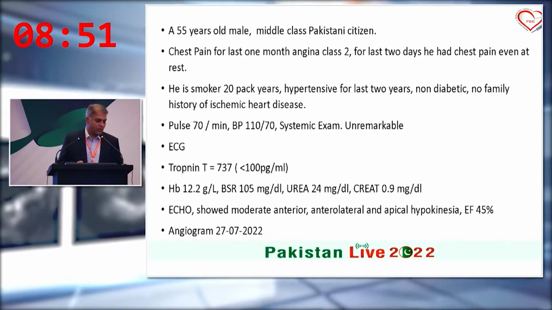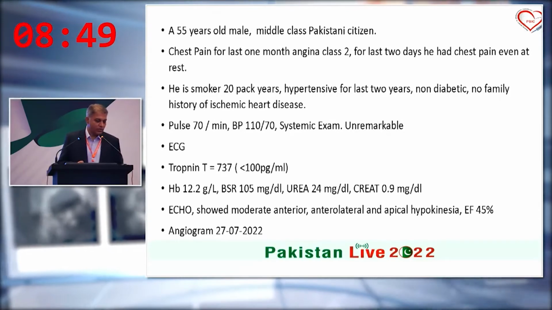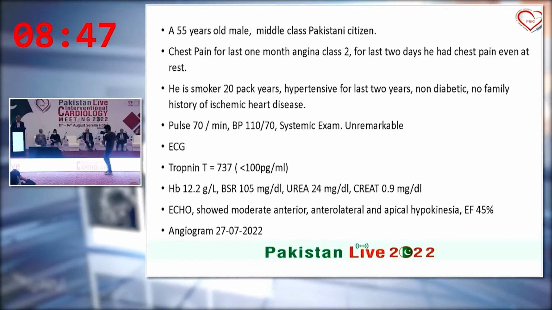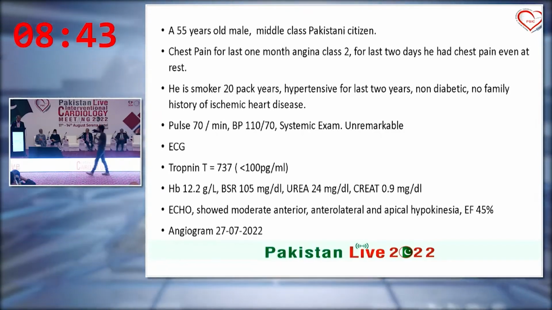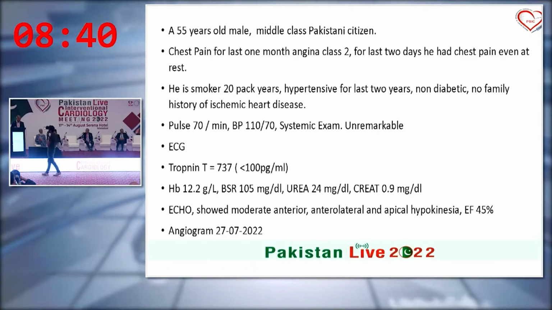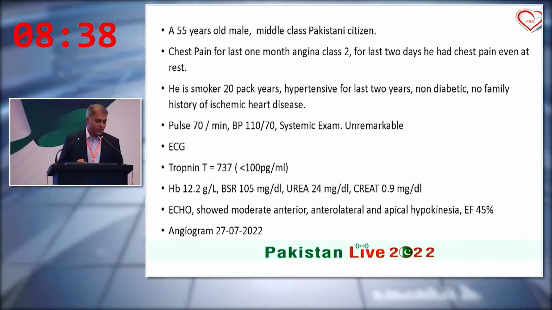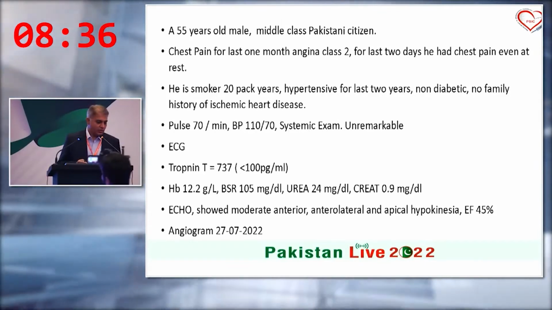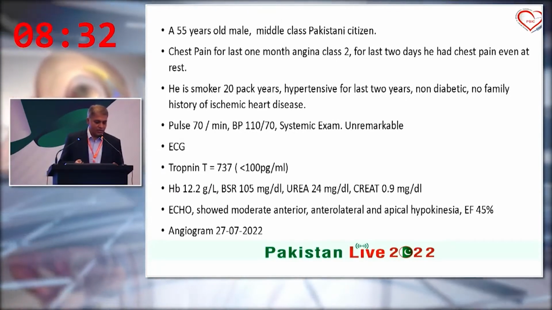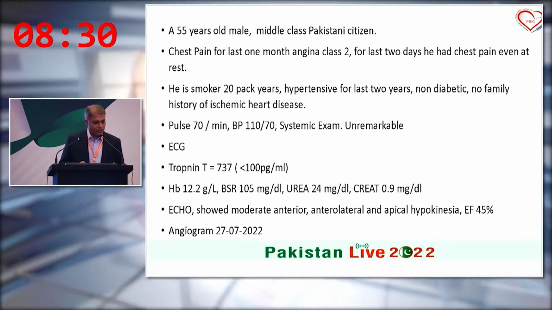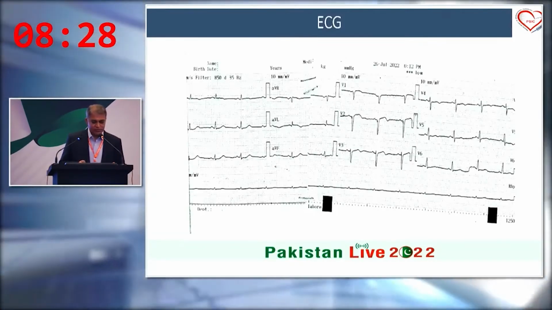Hemoglobin was normal, random blood sugar was normal, renal profile was normal. His echocardiogram showed moderate anterior, anterolateral, distal half of apical and distal half of septal hypokinesia, and the EF was around 40 to 45%. His angiogram was done.